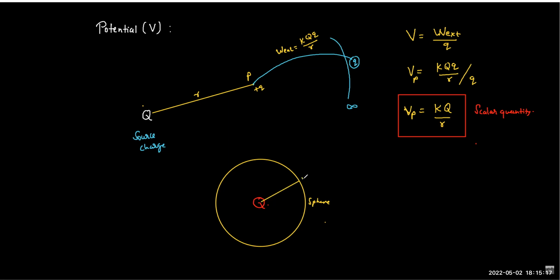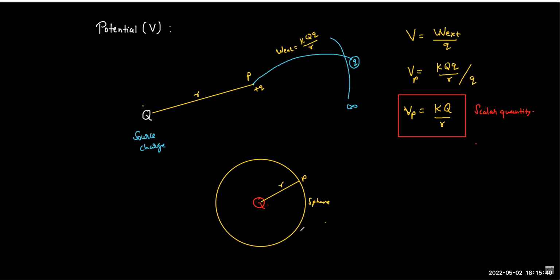No matter which point you choose, the potential anywhere on this sphere will have the same value because it's a scalar quantity. There is no direction involved, which simply means that no matter from which direction you land, if you come at a distance r from the given charge, the work is fixed and so is the potential.